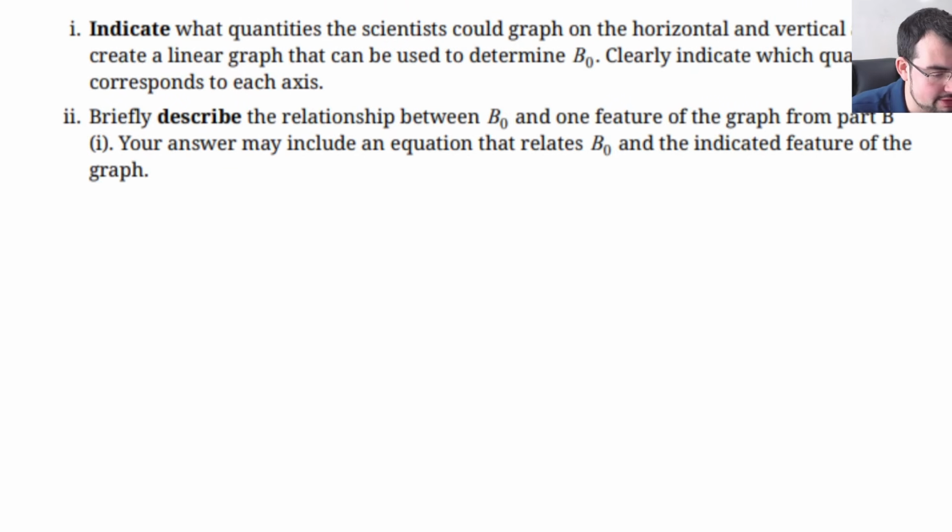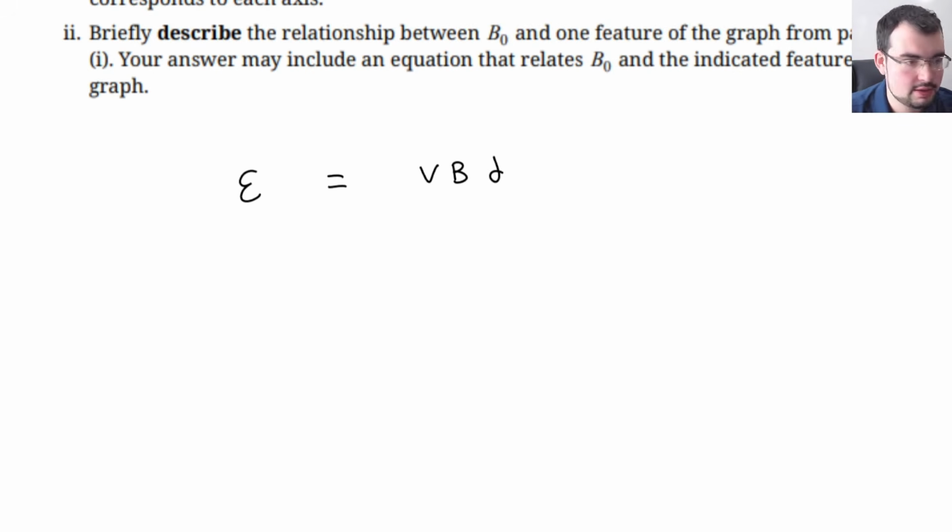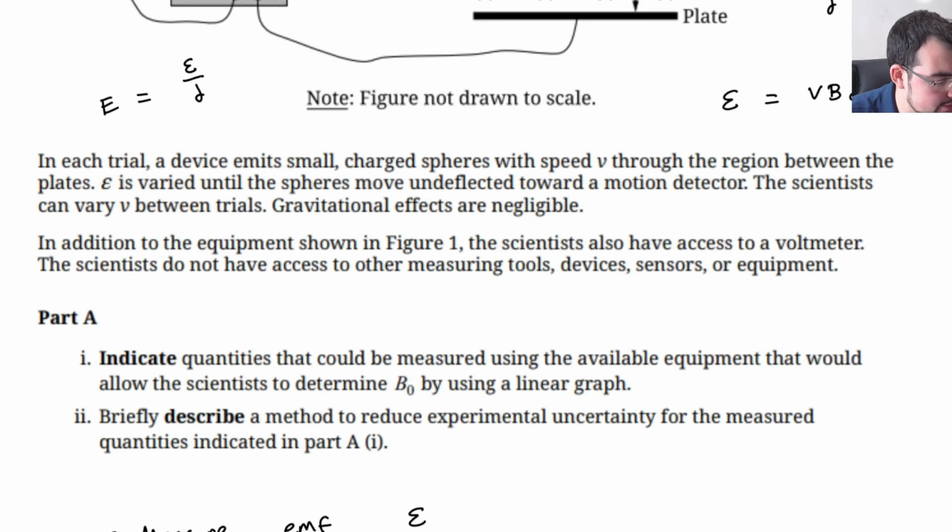All right, how do we graph it? Well, we came up with this equation that the EMF between the plates is V times B times D. So I can earn both B points just by saying the EMF is one of our variables. It's going to be our Y variable. And the other variable that we changed, just to make it easier, we're measuring the speed.